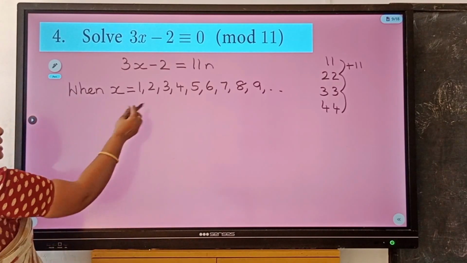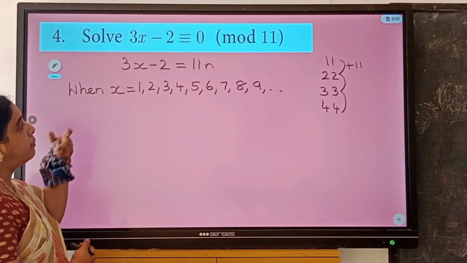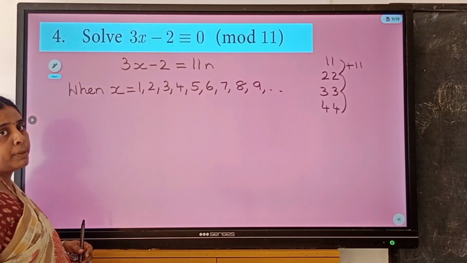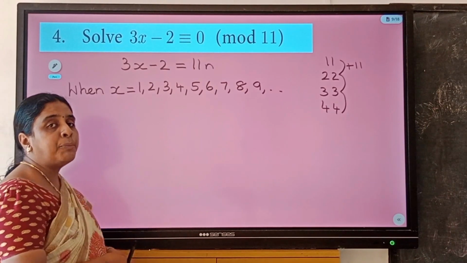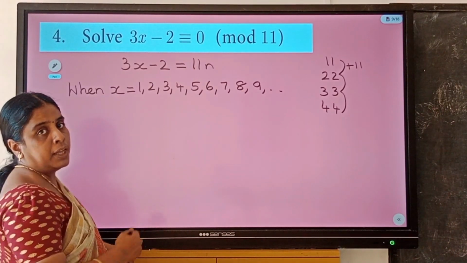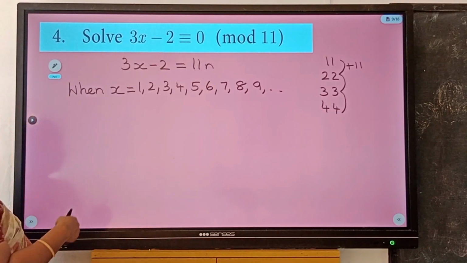Of course, somewhere within these numbers it has to start, because only then will it be divisible by 11. Once we know the first value which is divisible by 11, the next number can be found very easily by adding 11 to it.